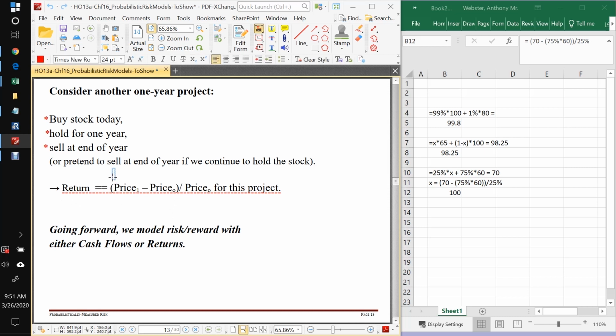So this is at EOY 1, and this is minus the price at t equals 0, which is EOY 0, and divided by the price at end of year 0 when we start the project, okay? And so going forward for the rest of this chapter, we're going to model our risk and reward with either cash flows or returns.